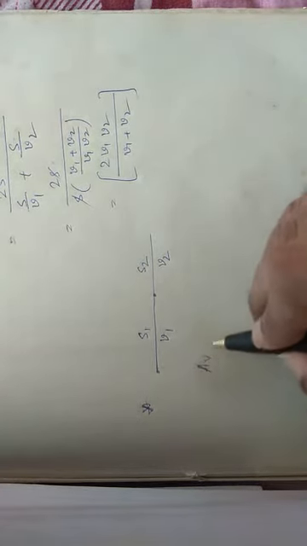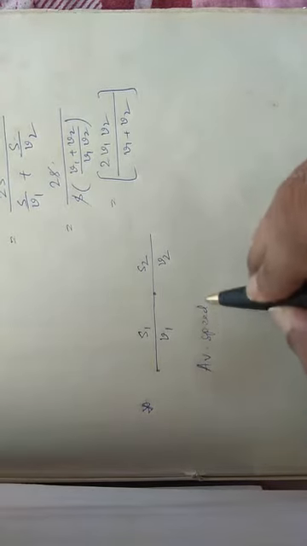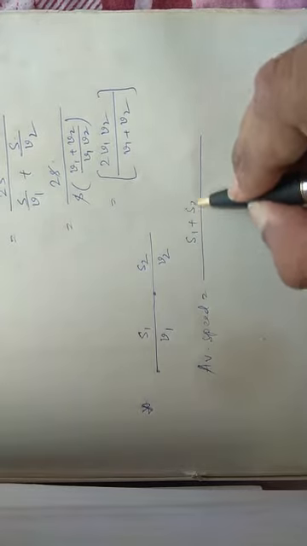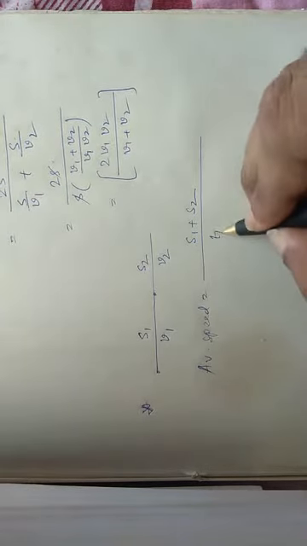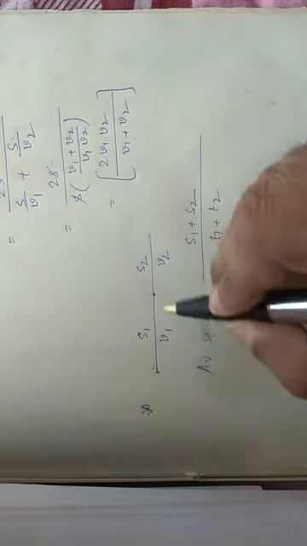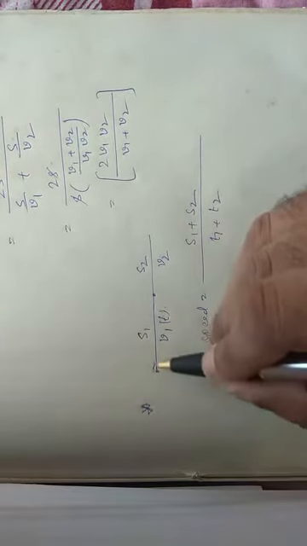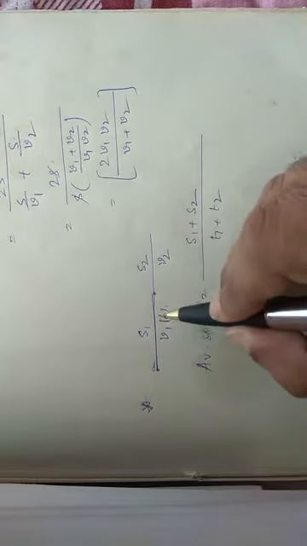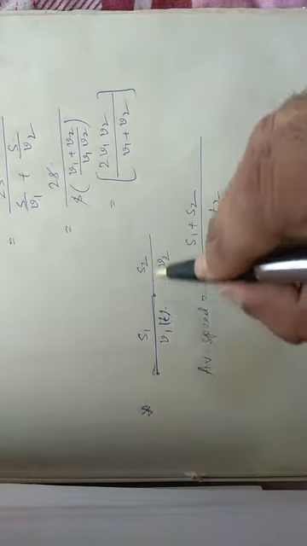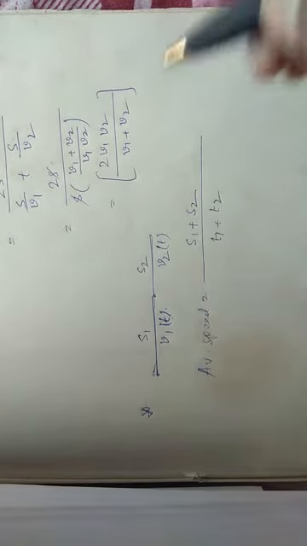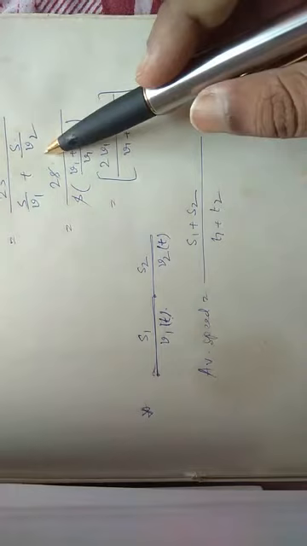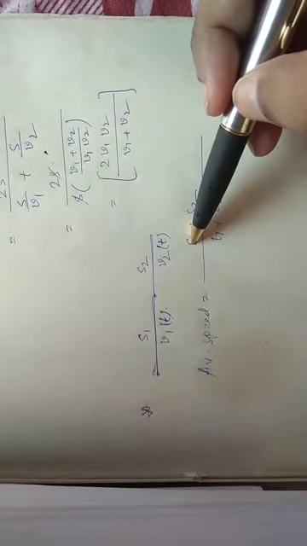Again, average speed means s1 plus s2, total distance covered by total time taken, t1 plus t2. Now in this interval, the body covers s1 distance in time t, and the second part also it covers an equal distance in time t, same time. First case was same distance, the second case is same time.